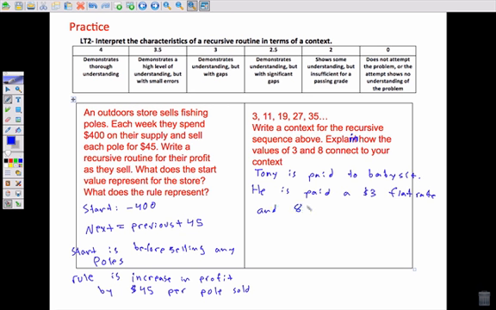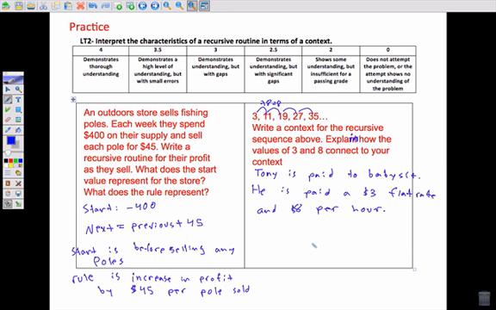And $8 per hour on top of that, because we have a +8, +8, +8 from one term of the sequence to the next.